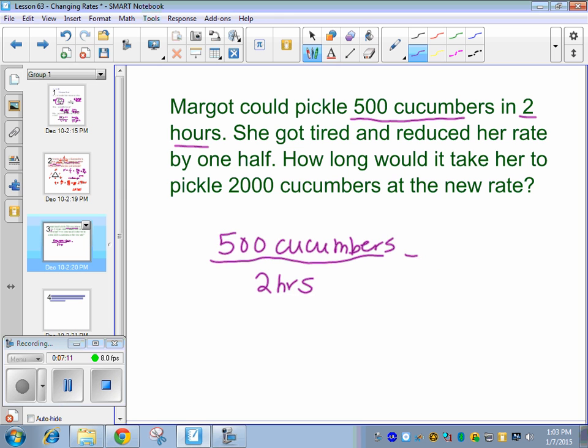We want to work with easier numbers, so we're going to reduce. Always reduce, because we want to work with easier numbers. So if we reduce it, that would really just be 250 cucumbers in 1 hour, okay?